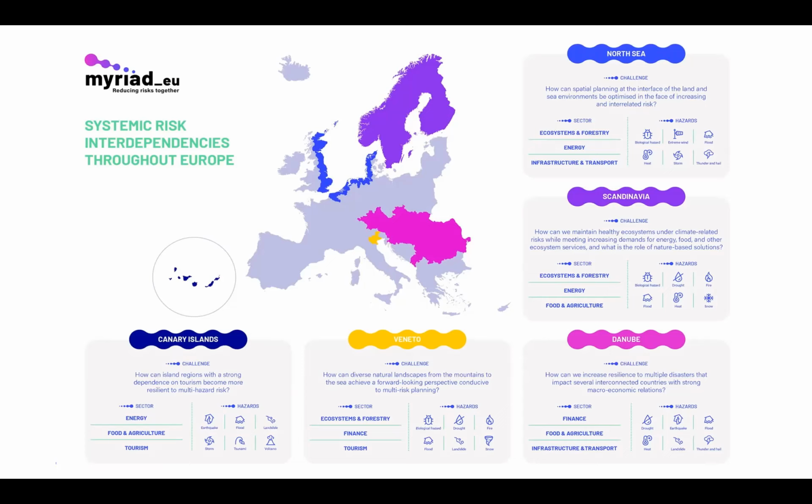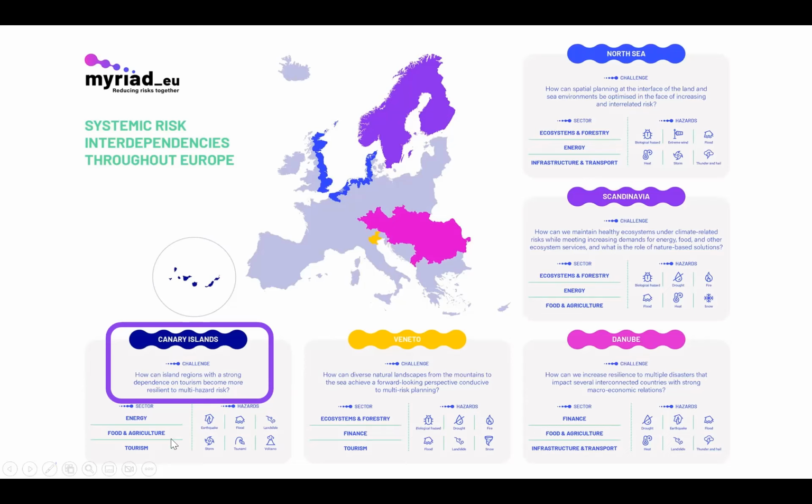And what we actually try to do, together with our stakeholders in each of these pilot regions, is first to define a future challenge that they want to address, the sustainability challenge. For example, the Canary Islands is a region which has about 80 to 90% of the GDP coming from tourism. So very dependent on tourism. So a question that one could ask is, how can island regions with such a strong dependence on tourism become more resilient to multi-hazard risks?